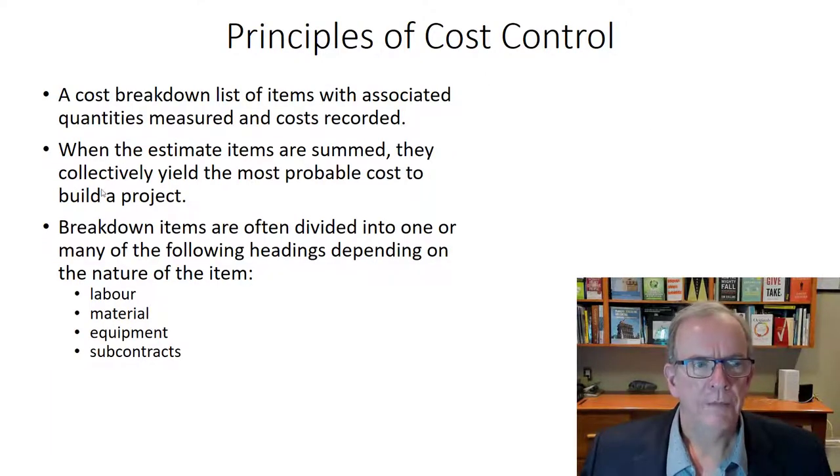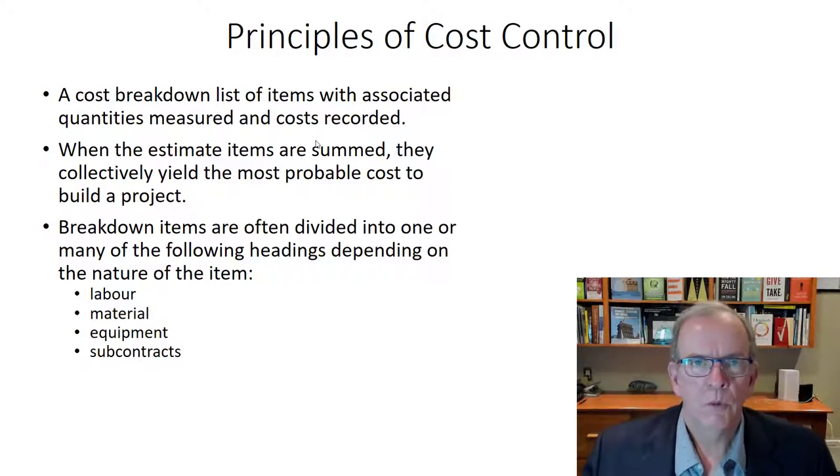So in the cost breakdown, we list the items associated with quantities measured and the costs recorded. The estimate has that collective amount. And as I mentioned, we can break down the items so that we can manage them. If we're self-performing the work, we can monitor the labor, the hours of work. Materials are a little easier to monitor. What did we plan for? What did we order?